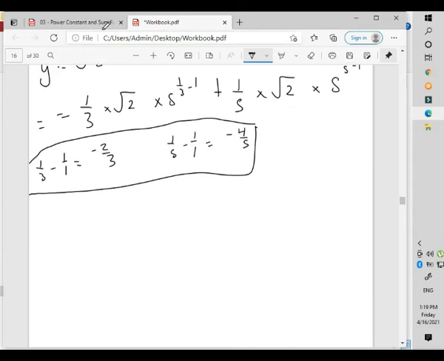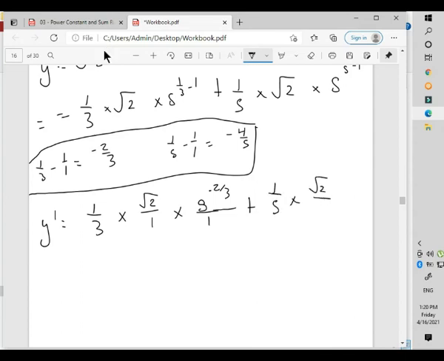So writing this all out, what I'll have is 1 over 3 times root 2 over 1 times s over 1, and the power is minus 2/3, and this is plus 1 divided by 5 times root 2 over 1 times s to the minus 4 over 5, which is divided by 1.